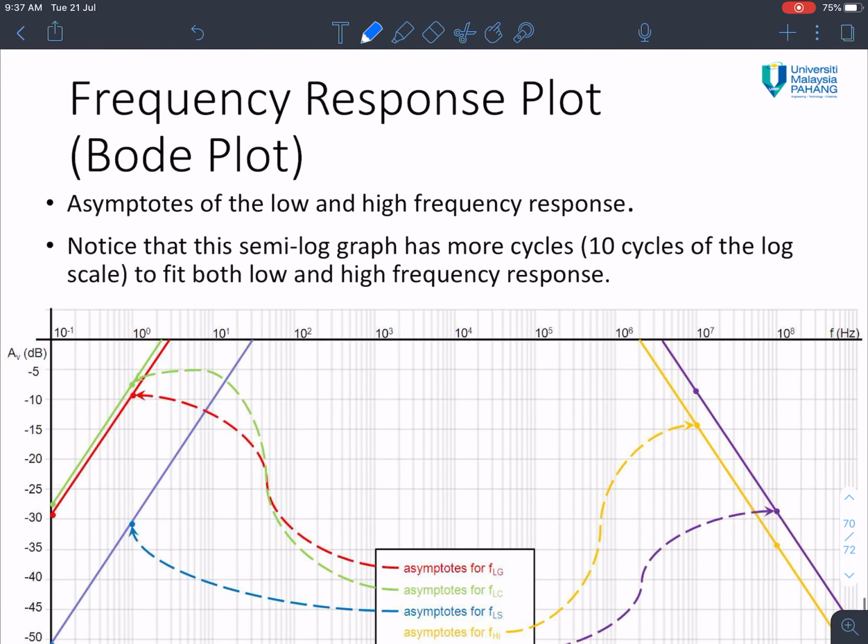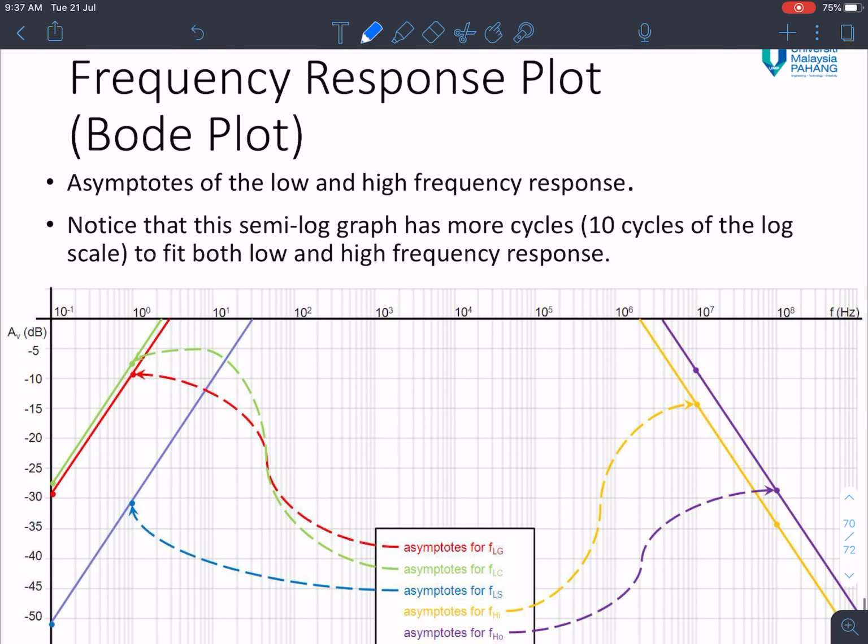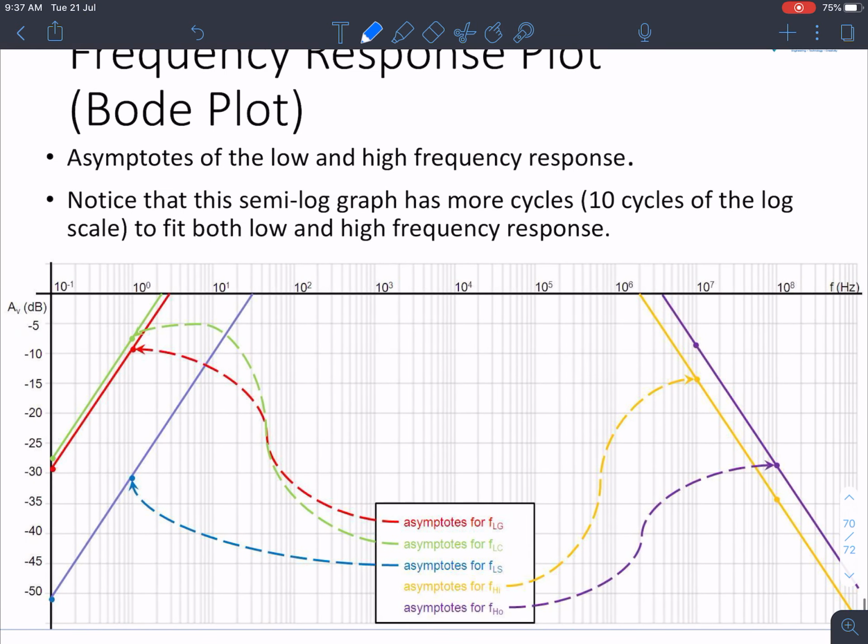And this is another, if we draw on a full paper, this paper is special because it has more cycles. We have 1 cycle, 2, 3, 4, 5, 6, 7, 8, 9, 10. We have about 10 cycles for the graph.